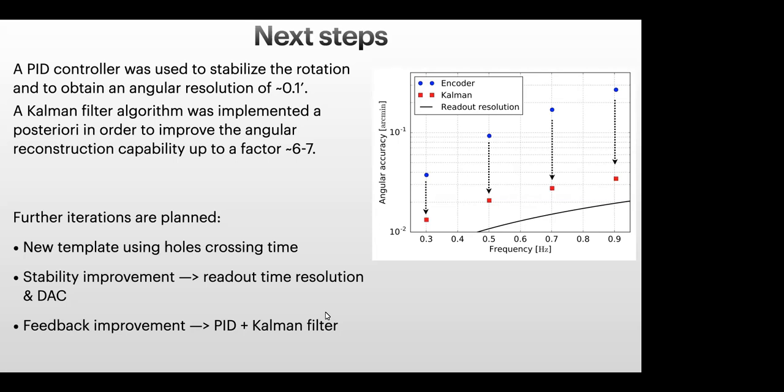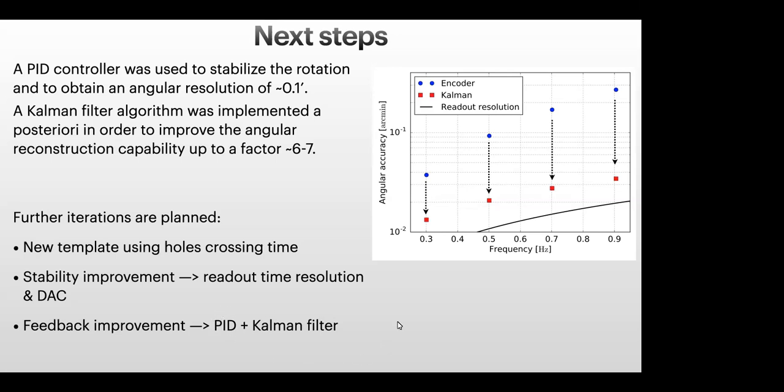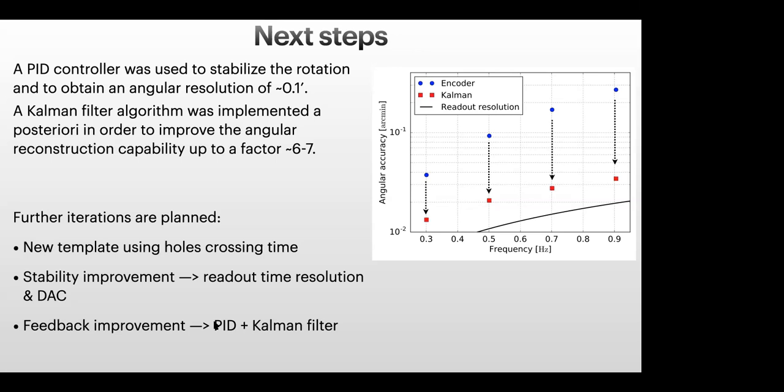But if you can filter the data online, you can give a more accurate feedback, and so this feedback could help in the stability of the rotation. We have not tested yet, but this is the idea. You need to include the Kalman filter into your Arduino code. Yes, basically.